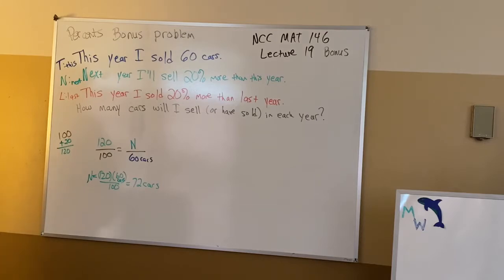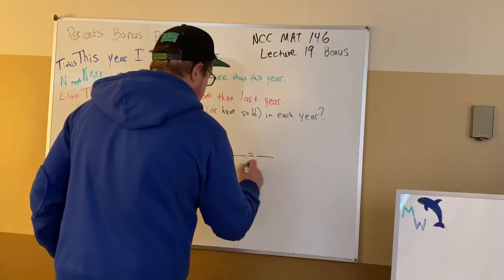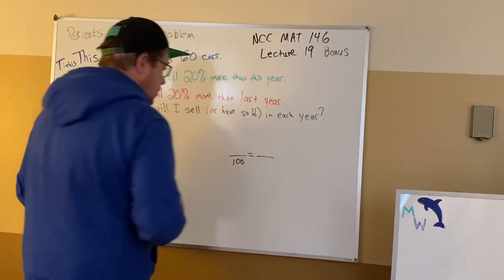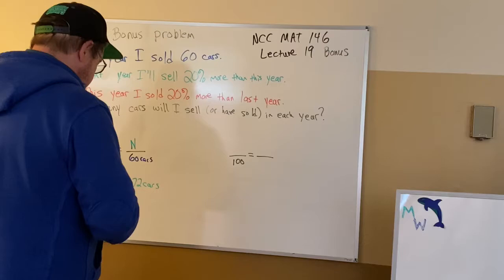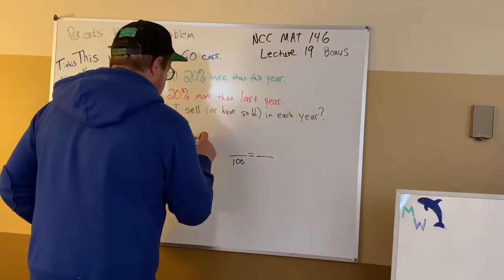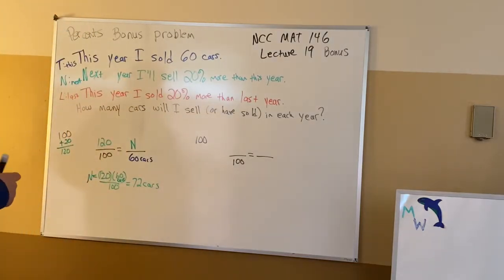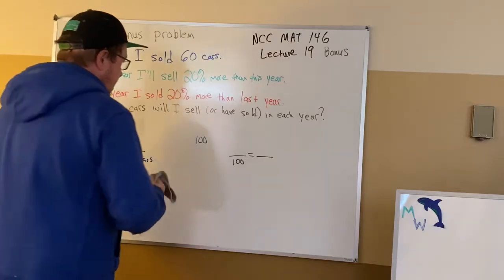Looking great. Now I got this other one where I'm going to use red and green. Again, I'm going to have percent over 100 equals is over of. Now in this one, I'm going to start with 100% that I sold this year. And it said, this year I sold 20% more cars than I did last year.